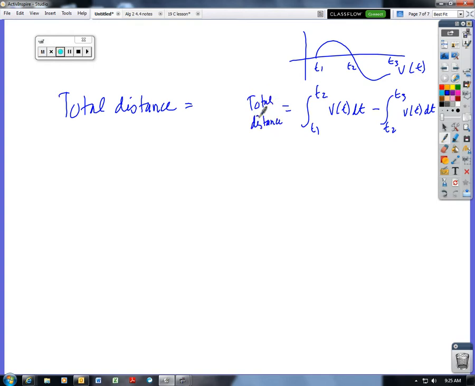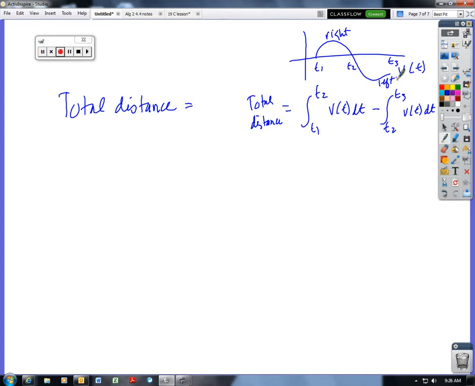Because on the top, if this is velocity, the object's going to the right, and down here, since the velocity is negative, the particle's going left. So if it's going back and forth, you have to break that velocity into two separate integrals.